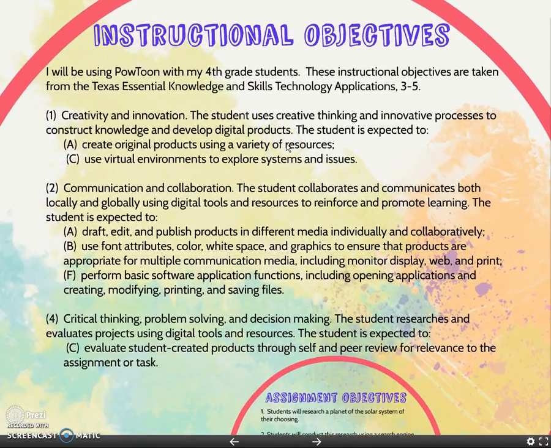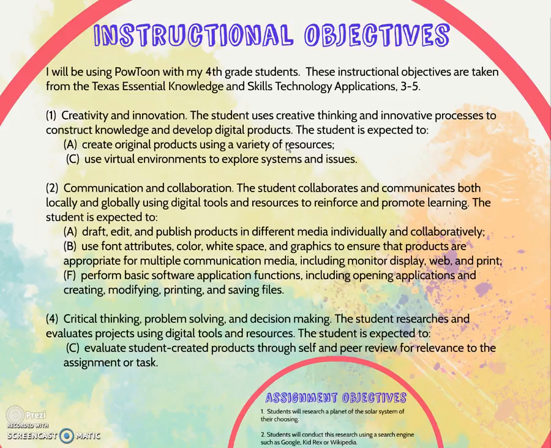I am planning on using PowToon with 4th grade students, and I took these objectives from the Texas Essential Knowledge and Skills Technology Applications grades 3 through 5. Of course they're going to be doing creativity and innovation. They're going to be collaborating and communicating with each other through their PowToons, and they're going to be doing some critical thinking, problem solving, and decision making.